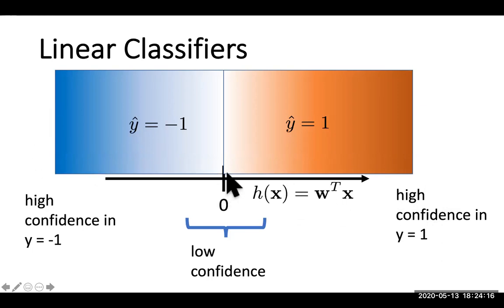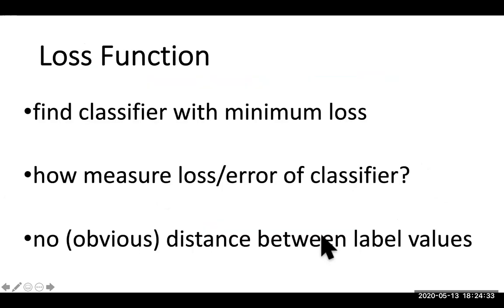And also the loss function should be very high if the prediction is very negative, so the classifier is very confident that it's -1, but the true label was +1. In these two cases, the loss function should be large. We will now see loss functions that achieve this.